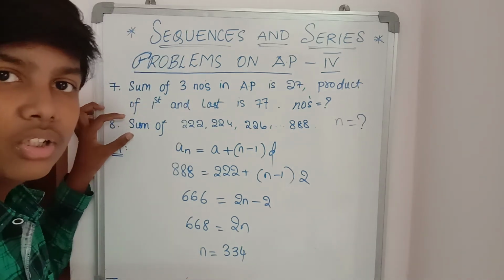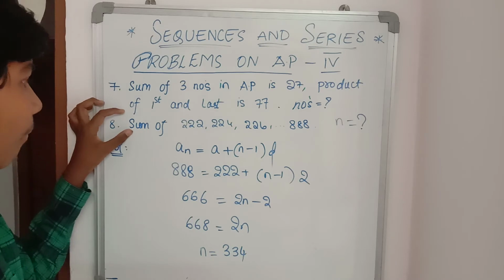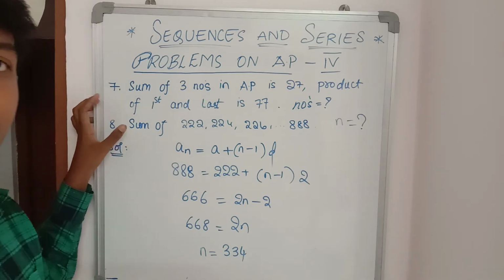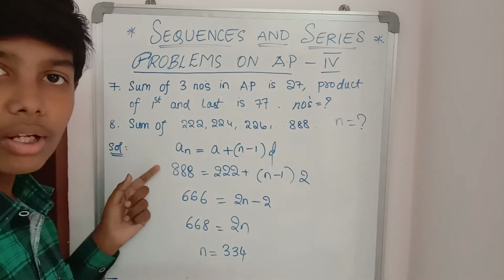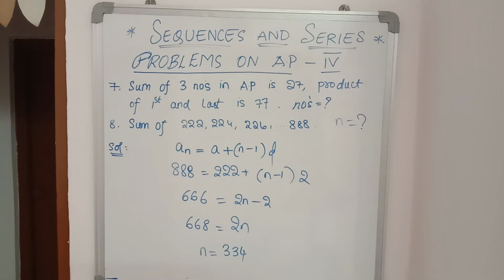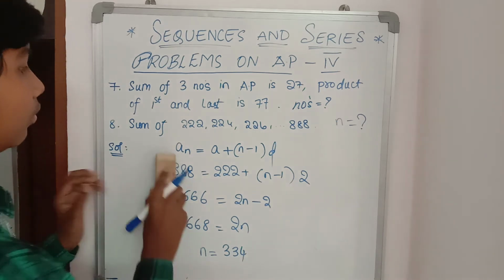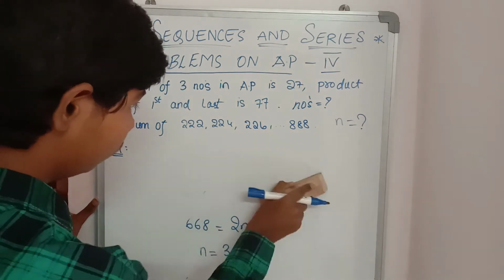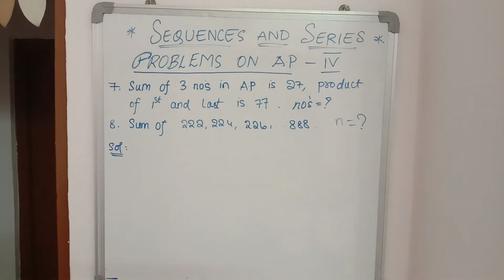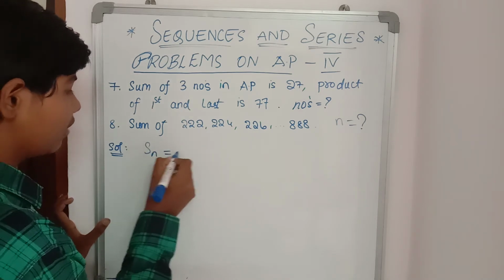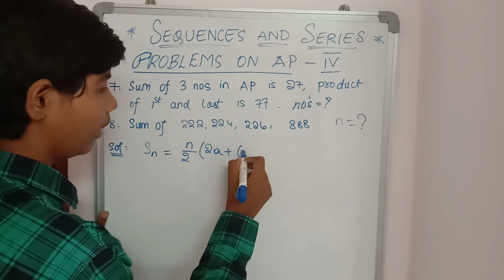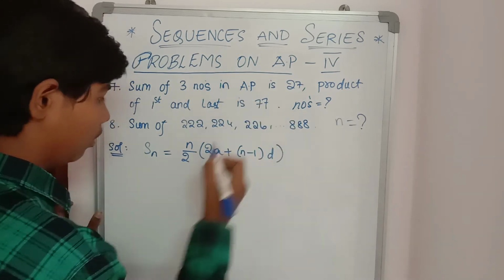For the sum to n terms, there is a formula: Sn is equal to n by 2 into 2a plus n minus 1 into d. The next step is to apply that formula and solve. Sn is equal to n by 2 into 2a plus n minus 1 into d.